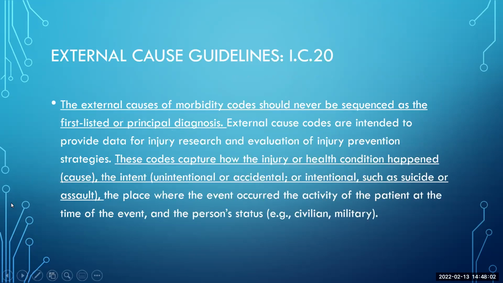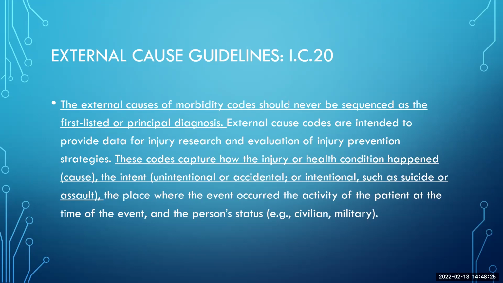Okay, so when we are considering this circumstance, what we want to look at is our guidelines first, okay? And this is the guideline that is going to be most useful for us when we're considering this situation. This is discussing external causes, and this is in your guidelines, at the front of your ICD-10-CM.